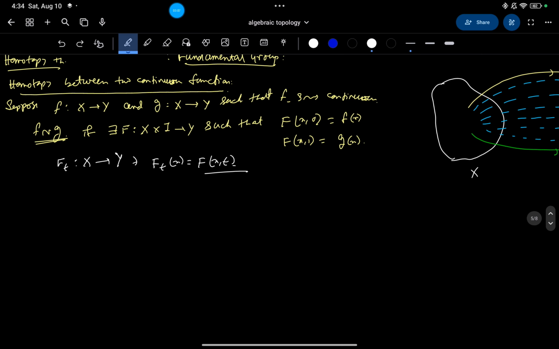Now again one can define another map. Let's say f_x is a mapping from I to Y, such that f_x of t equals F of x comma t.